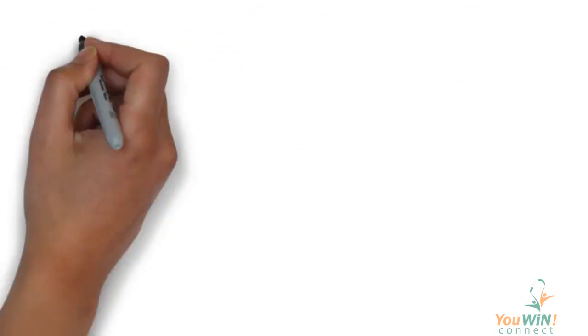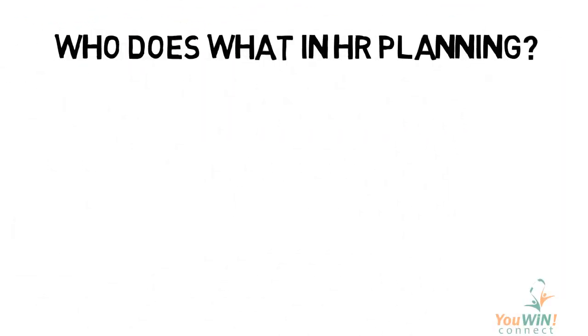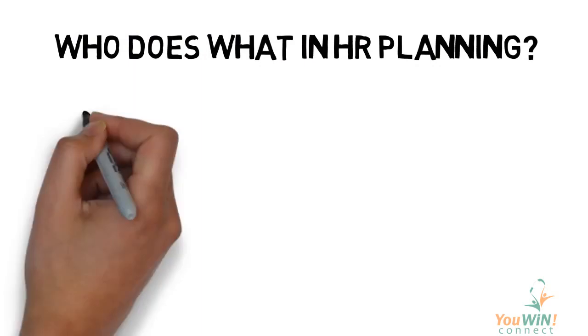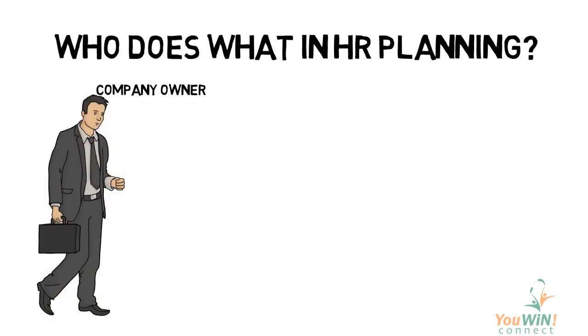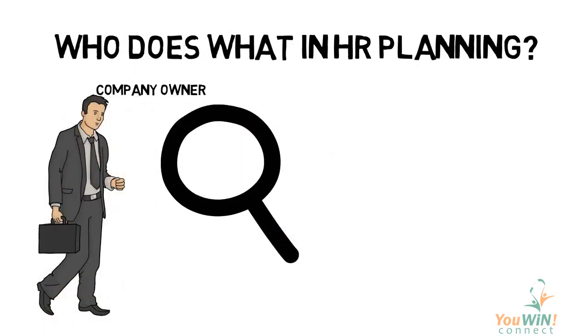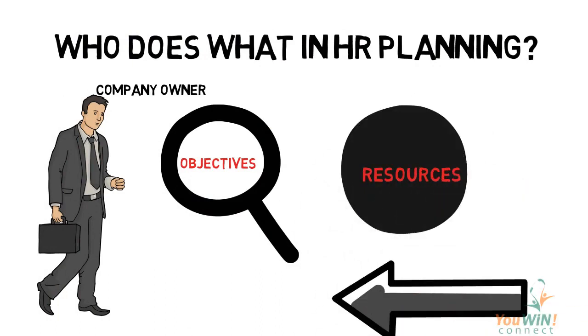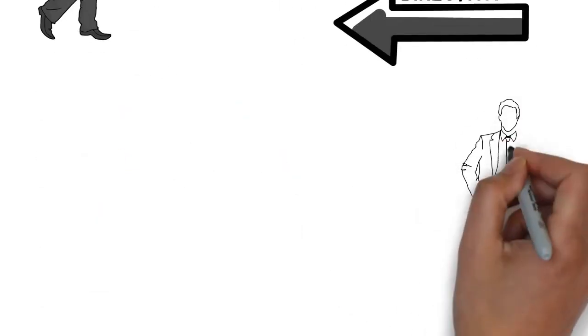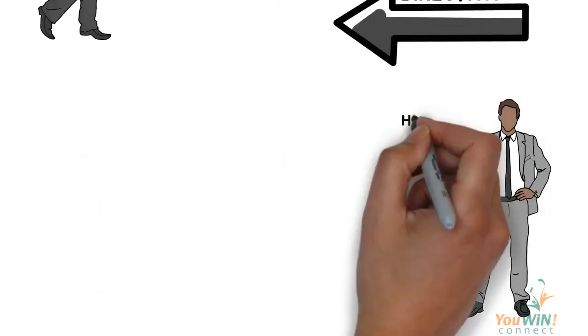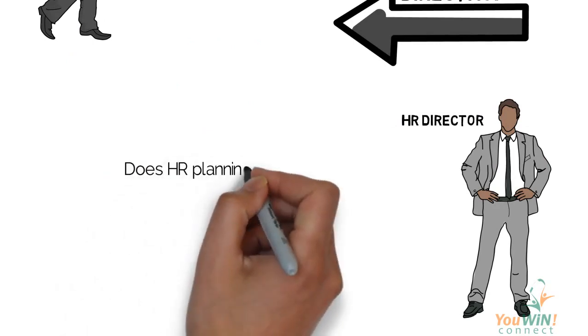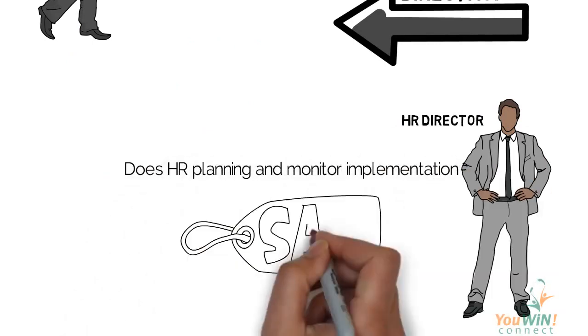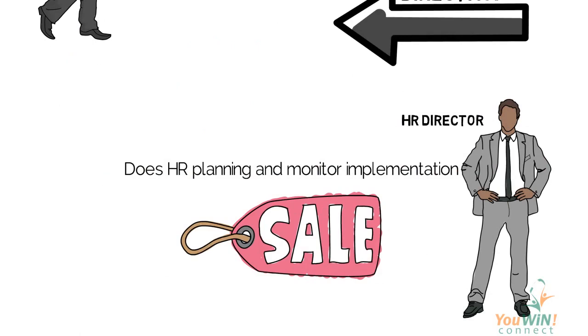Saying that, who does what in HR planning? As the company owner, you decide the objectives and resources. You also set the direction for your HR policies. Your HR director or manager then does the HR planning and monitors the implementation of same.